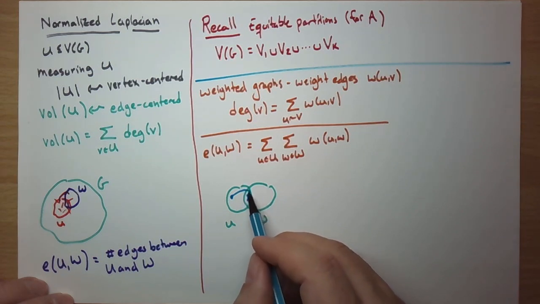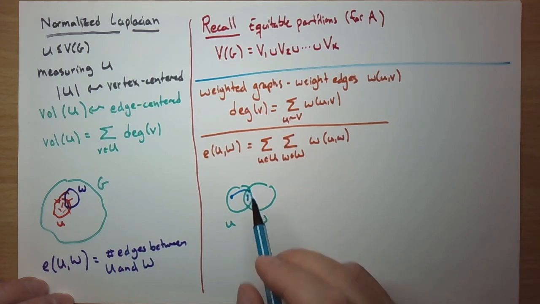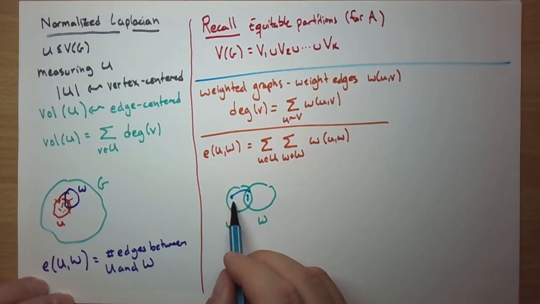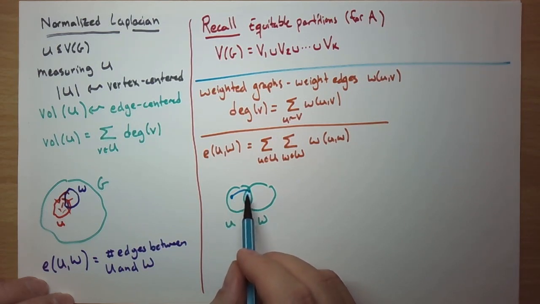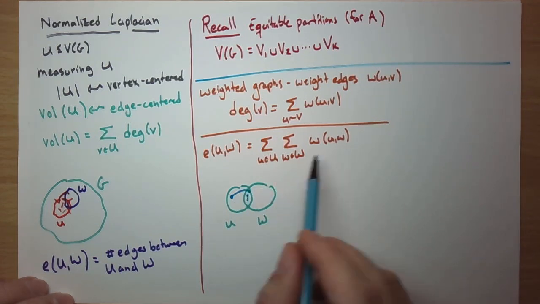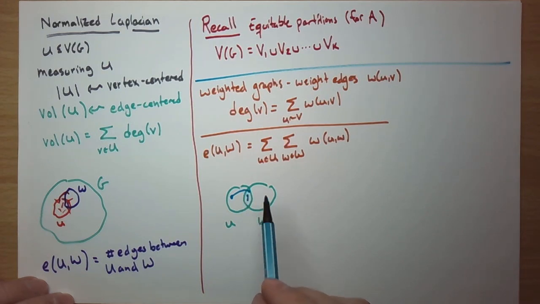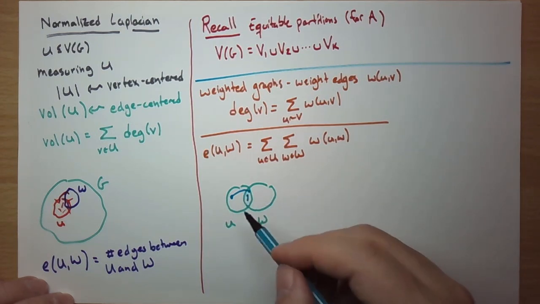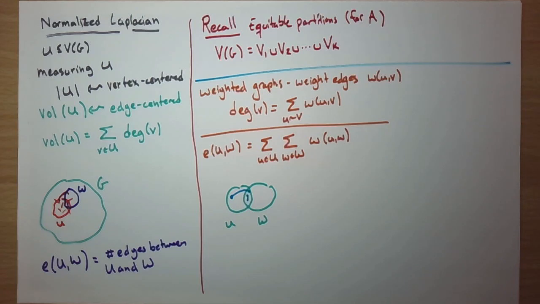Well, this vertex in the overlap, sure, you could think of it as being in either U or W, but this one has no choice. It has to be in U. And so the only time it'll show up in the combination is when it's in W, so it's only counted once. So it's only the overlap where you're doing your overcounting.